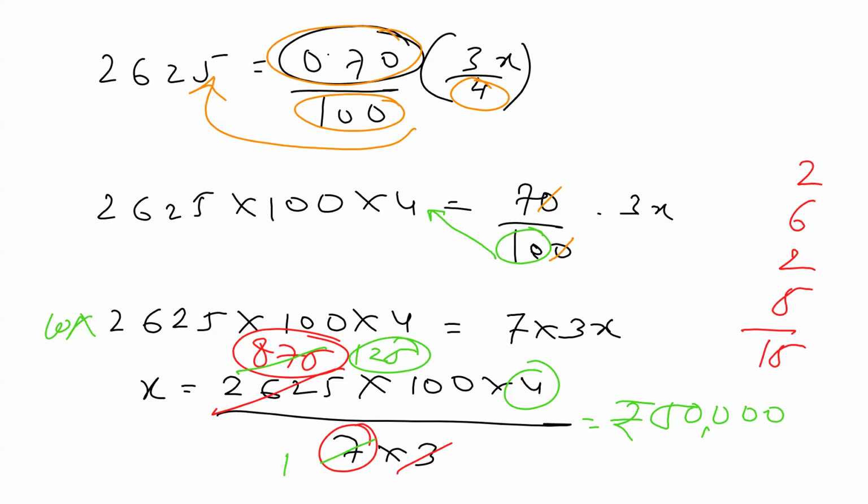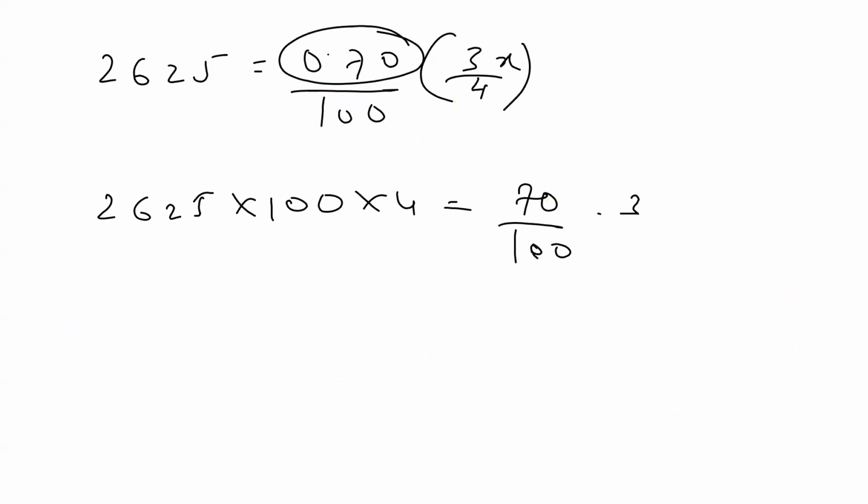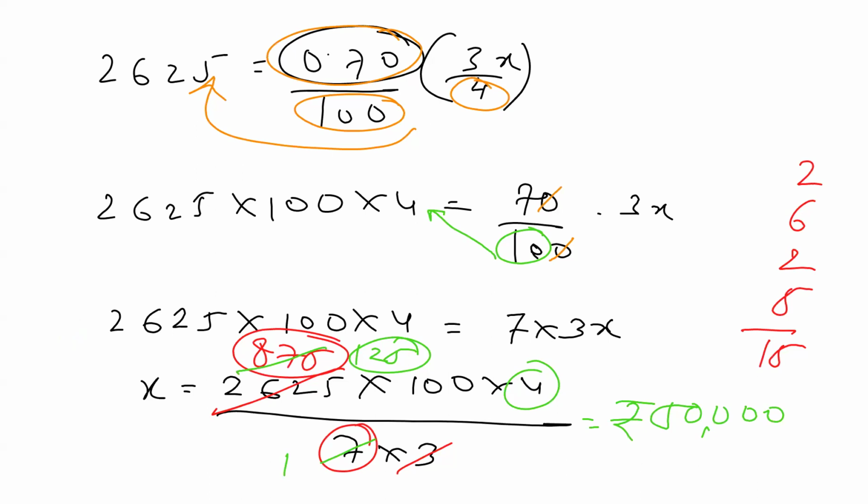I just forgot to write that particular value, so please excuse me for that. I'll just make those corrections. This 10 will go on the left hand side, so it will be into 10. And there will be one more zero added over here. So there will be three zeros, and 125 into 4 will be 500. So that's the value of X, which is the property value.